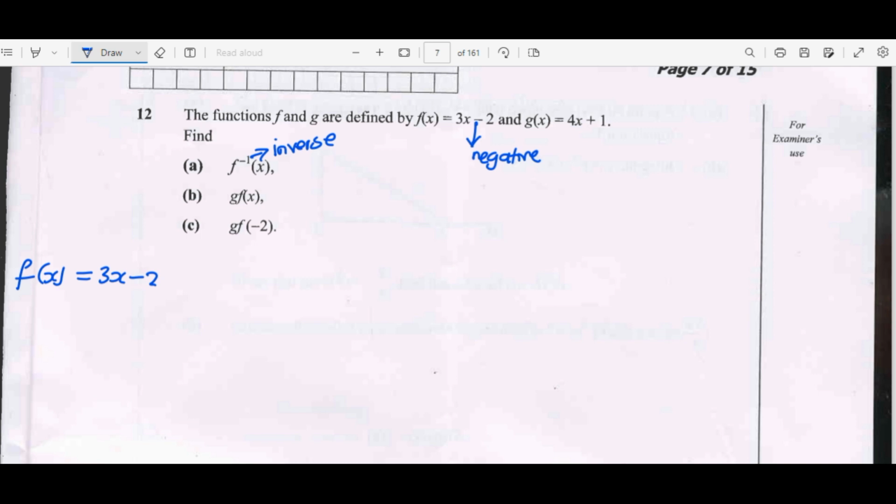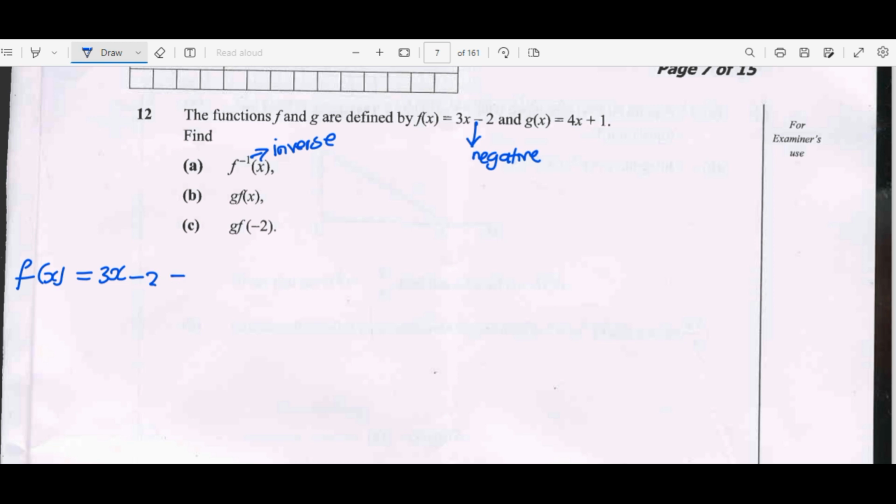Then the other thing is, since we have a straight equation here, we are going to form a fraction. So that is the first pattern for inverse. If you have a fraction, it will give you a straight equation. If you have a straight equation, it will give you a fraction. Now let's see what that simply means.